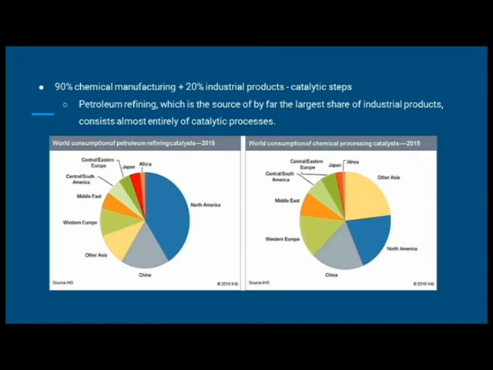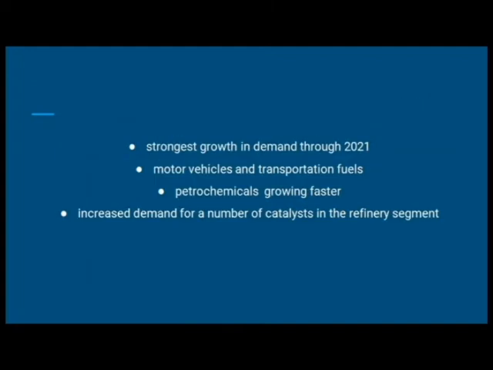Similar to chemical processing, the growth rate will be contributed by increasingly new capacities such as in the Middle East and Asia. In addition to that, utilization of shale gas will also cause an increase in petrochemical capacity in North America.